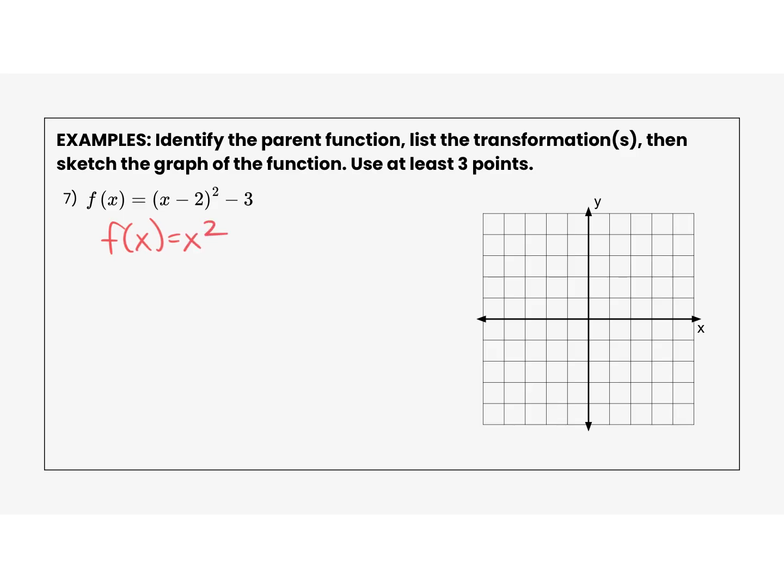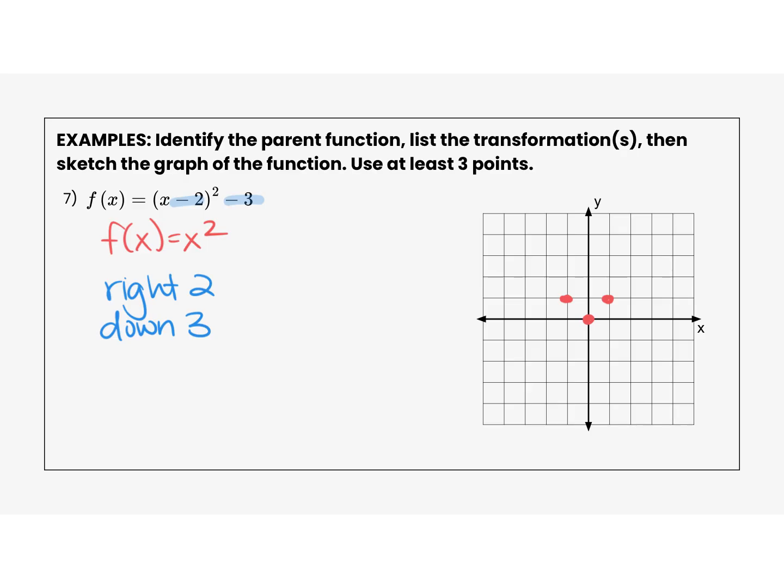And if you remember from when we talked about parent functions, the 3 points I'm going to graph are -1, 1, 0, 0, and 1, 1. And again, this is that U shape that we were talking about before. Okay, but now if I look at my transformations, my shifts, the inside one is telling me I'm going to go right 2, and the outside one is telling me I'm going to go down 3.